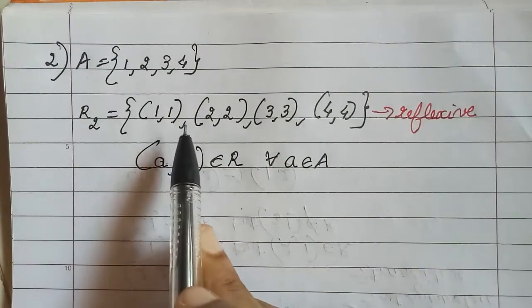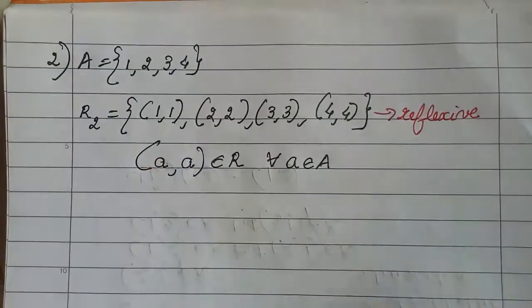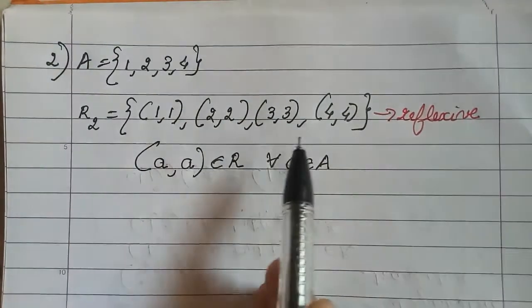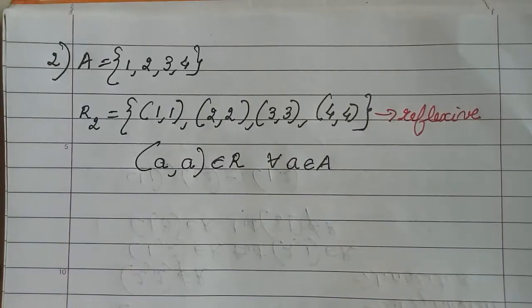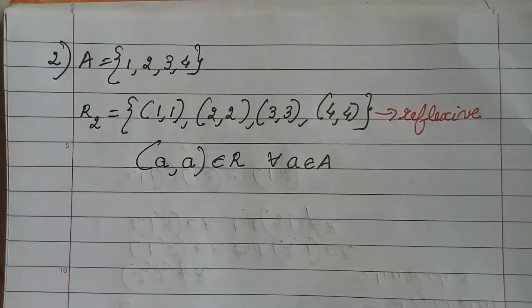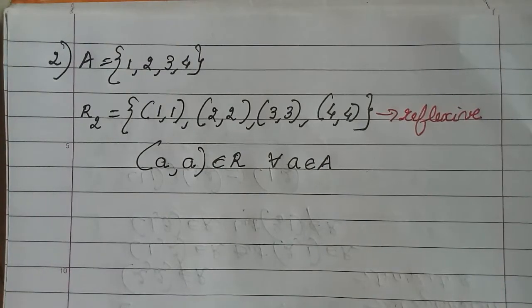Children, if you look here, all elements are of the type (a, a). So it should be symmetric also. Why? If it is (1, 1), even if I change the order of the elements, it is still going to appear as (1, 1).